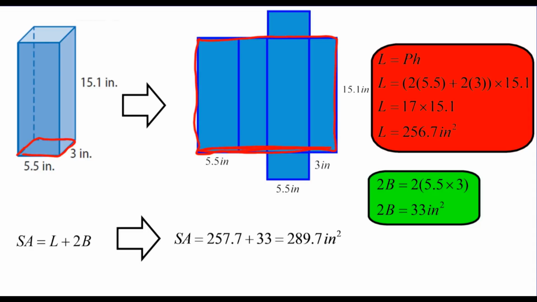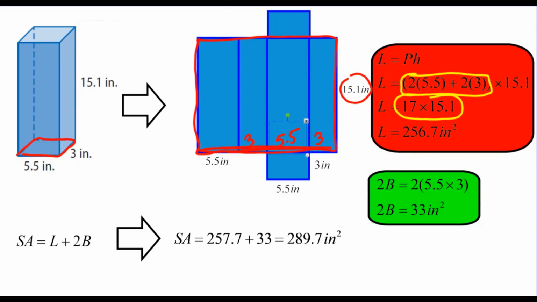So that is two 5.5 inch sections and two 3-inch sections. So that's what I did right here. I've got two 5.5 inch sections and two 3-inch sections. So I went ahead and calculated that. And then I was going to multiply that by the height, which is the 15.1 inches here.